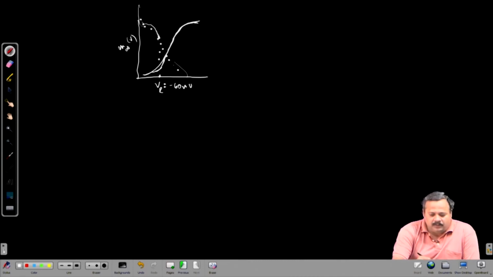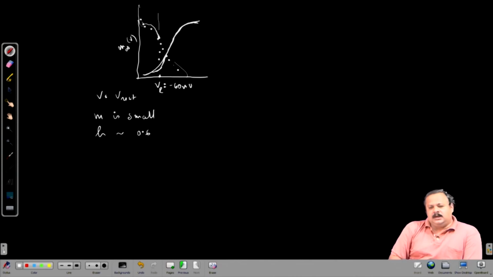So, here m is small at V equal to V rest, very small. h is of the order of 0.6.